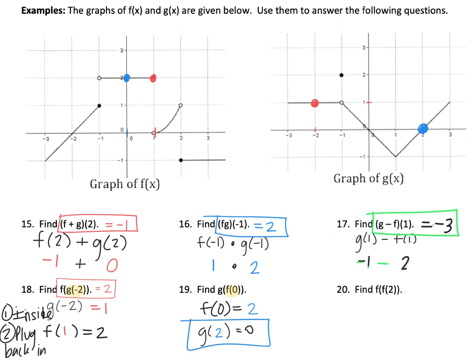Can you please try the last one? So you will start with doing f of 2. Once you figure out what f of 2 is, you will plug it back in. Actually do it.